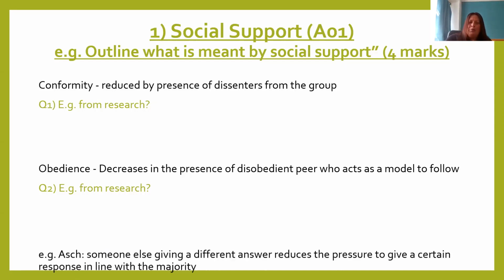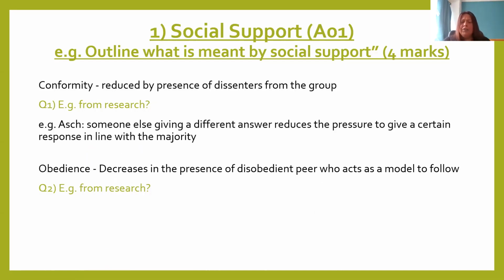So with regards to conformity, if you remember Asch's three-line matching experiment, which clearly looked at the idea of normative social influence, so this idea that those true participants gave the incorrect or a different answer to the one they wished to give because they wanted to fit in with the group.